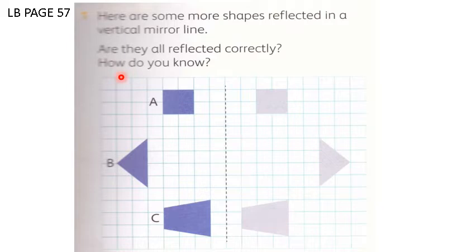Yes or no? So, take a look at the shapes and tell me if they are reflected correctly or not. If they're not, with your pencil, draw the shape you think in the position it should be.